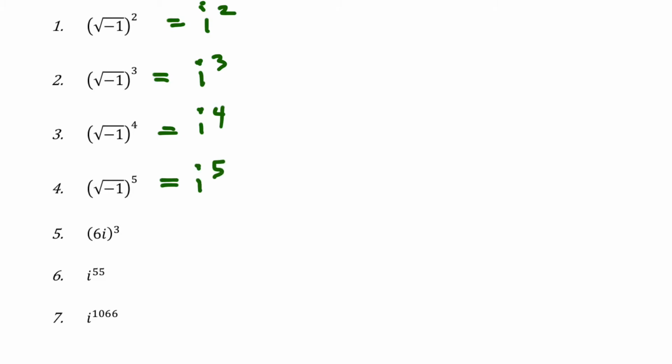So we already talked about how I squared is equal to -1. So since this would be I squared times I, this is -1 times I, which is equal to -I.